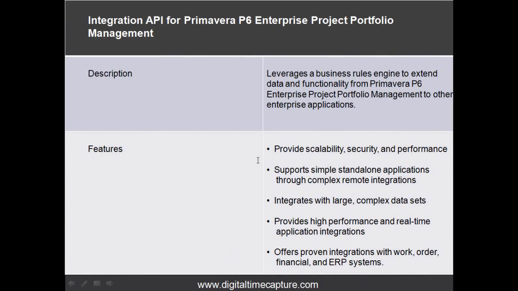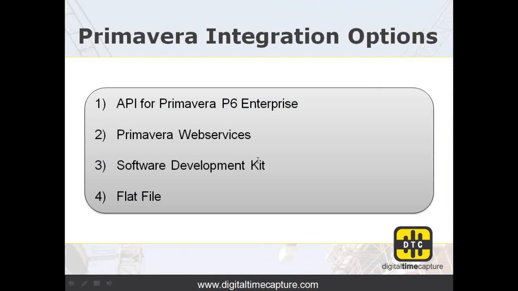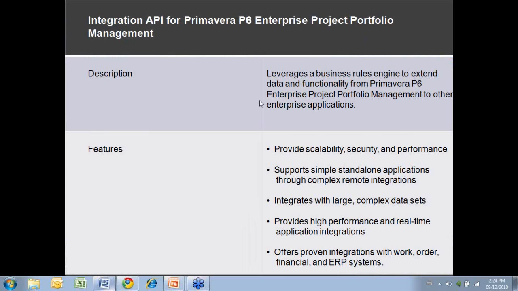So the first one is the API for Primavera. The overall description is: it leverages business rules to extend data and functionality from Primavera to other enterprise applications. Features are scalable, security, performance is good, and it supports simple standalone applications through complex remote integrations.